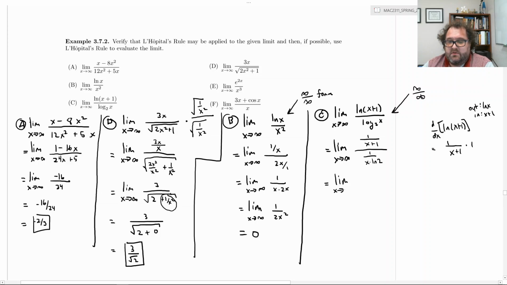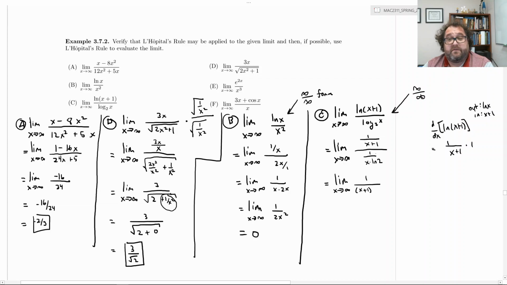Limit as x goes to infinity. We have a fraction divided by a fraction. So that's going to give us 1 over x plus 1. And now let's see what happens. We flip the divisor and multiply.